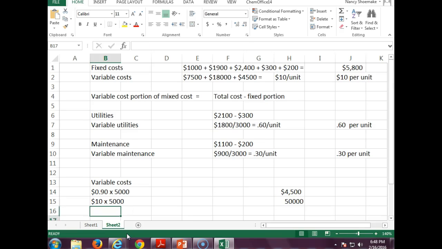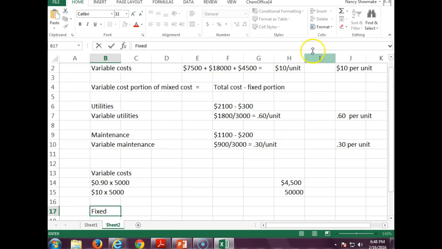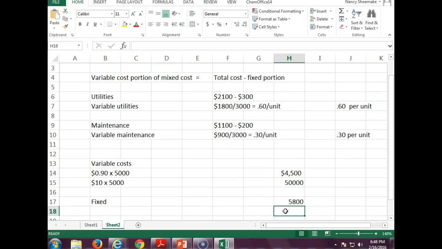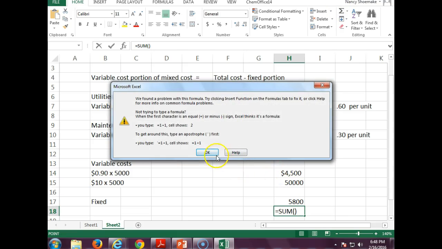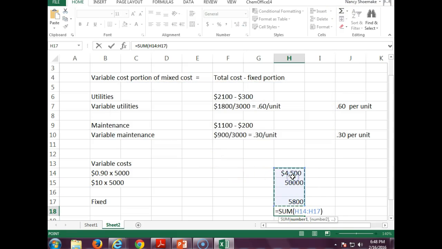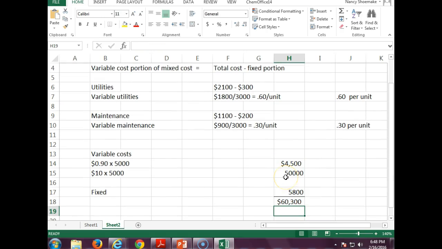And our fixed costs are what? We should have it up here somewhere. 5,800. See how we're calculating the total cost there? Make sense?